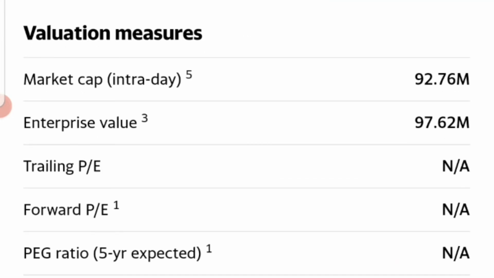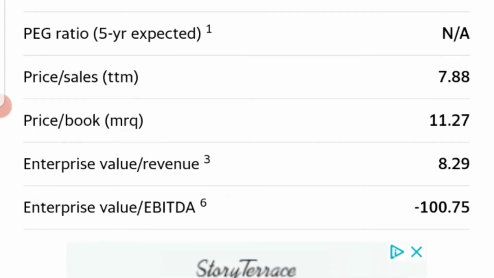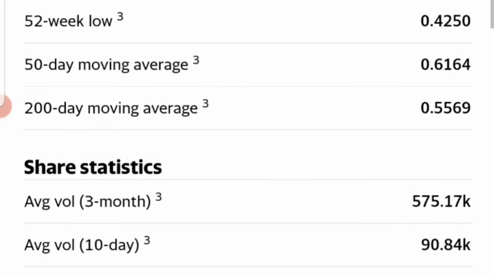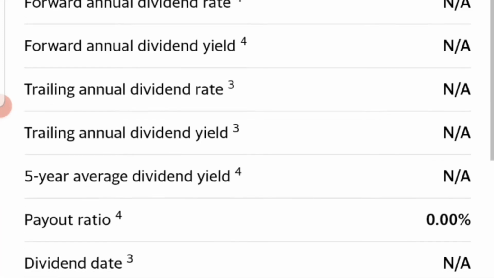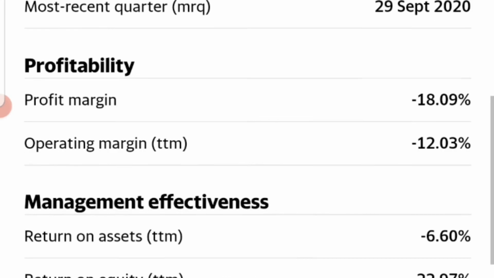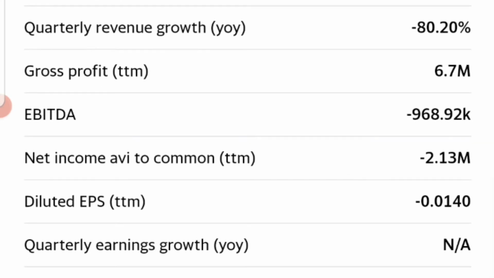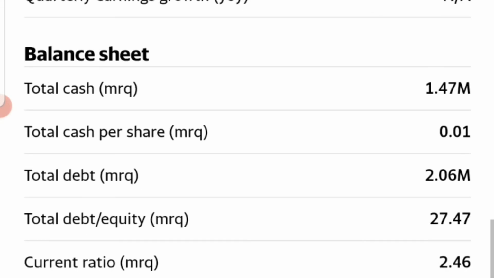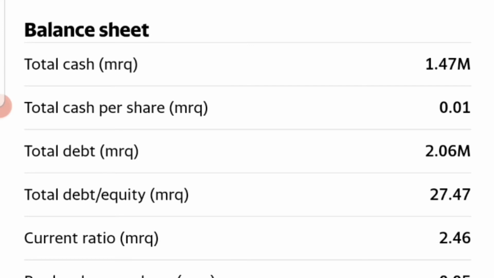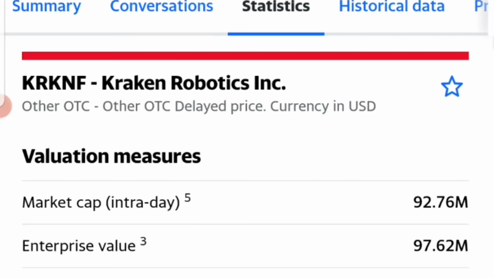Again, the price to sales, price to book is a little bit shady, a bit high, but it is an OTC stock, so you would expect that. Some of the information is not in there, or is below. It is making gross profit. I'm not a fan of EBITDA, neither is Warren Buffett apparently. It has cash on the balance sheet, and it has a book value per share, which is good.